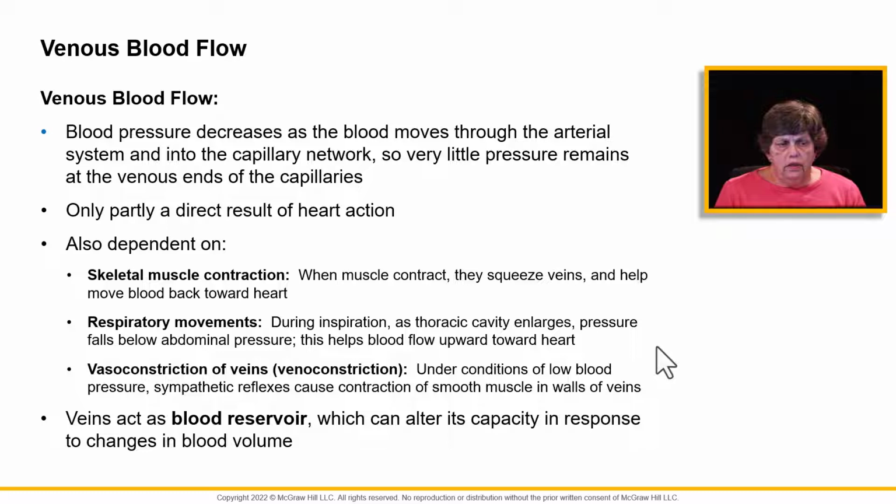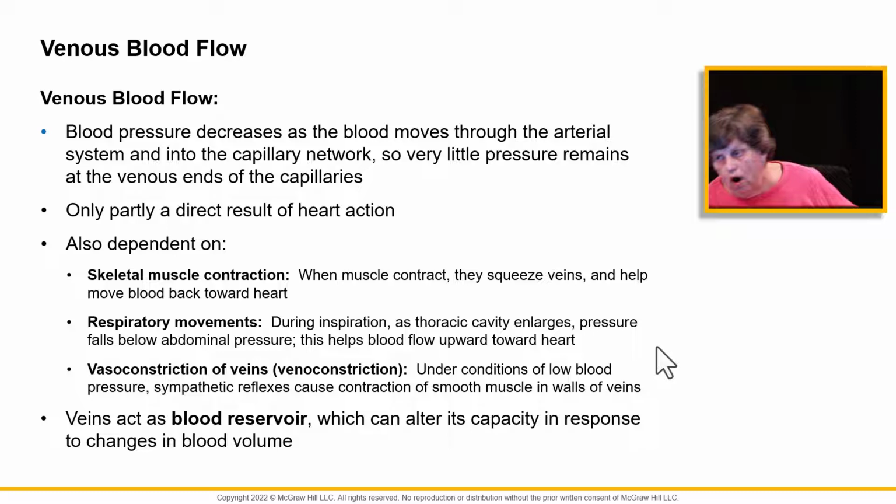This is one of the problems: we've got the blood in a venous reservoir, and we have to get the blood back up to the heart. Blood pressure decreases as the blood moves through the arterial system and into the network. We need this to be slow because we have to have exchange at the capillary level.